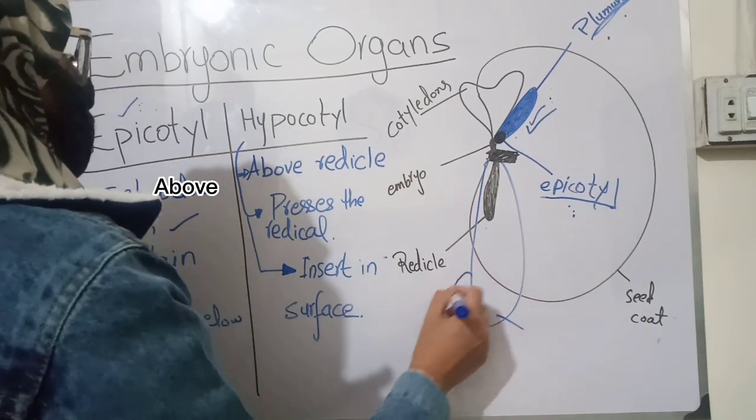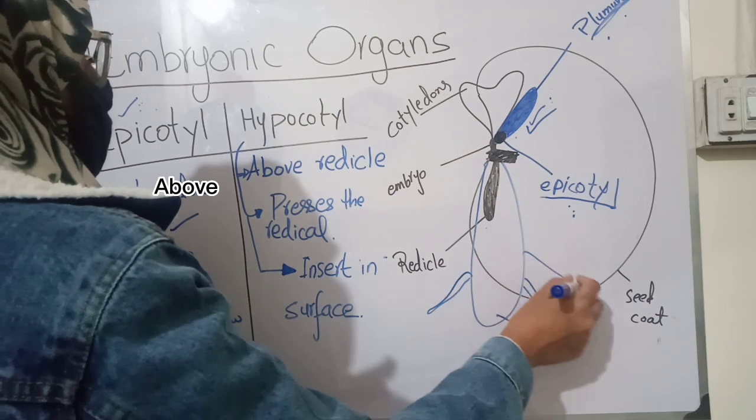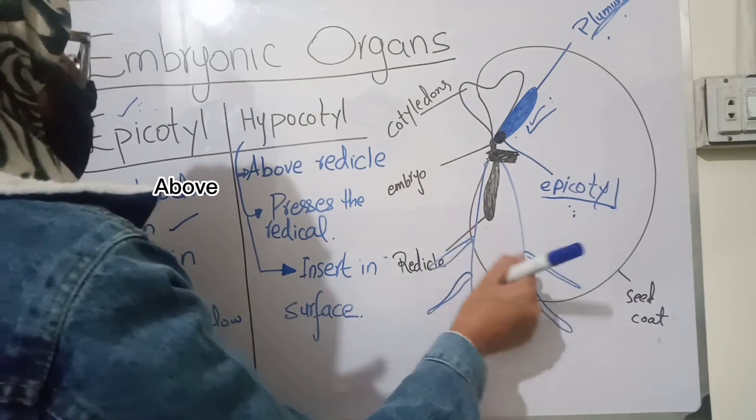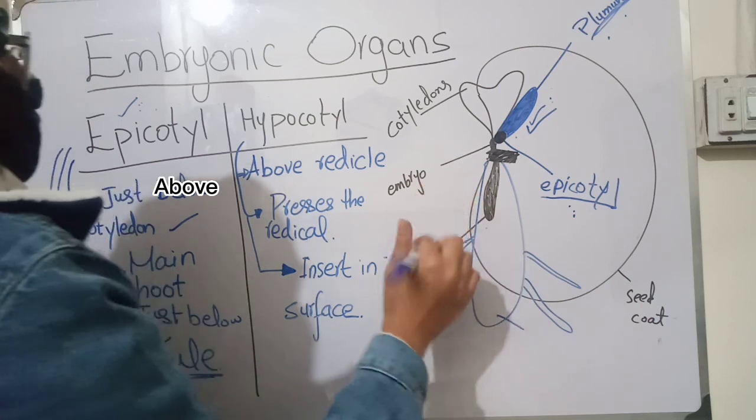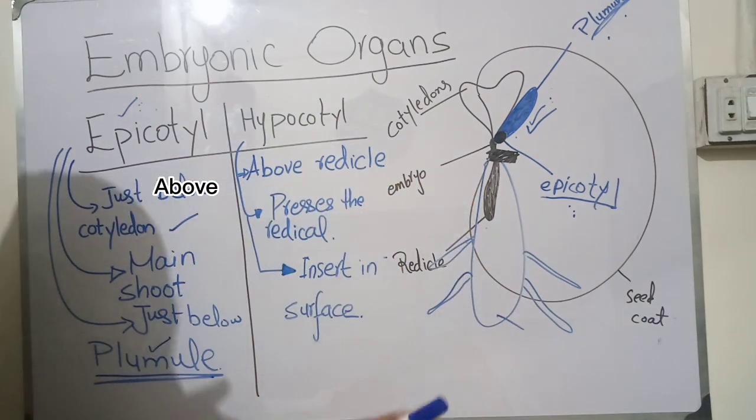From the taproot lateral roots are formed, and from lateral roots root hairs are formed, which increase the surface area of absorption.